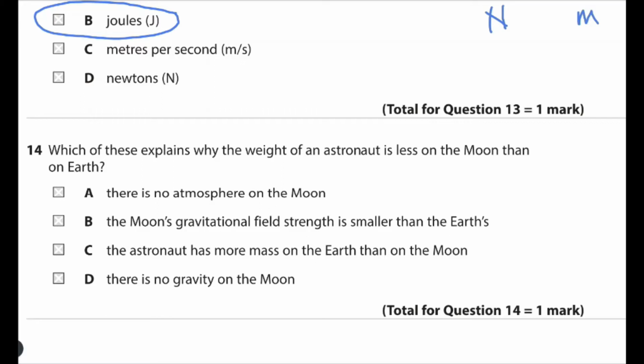Fourth, there's no gravity on the moon. No, that is wrong. There is gravity on the moon. The problem is that the moon has less mass, so it creates a smaller gravitational field strength. So the answer is B. The moon has a smaller gravitational field because the moon has less mass than the earth.